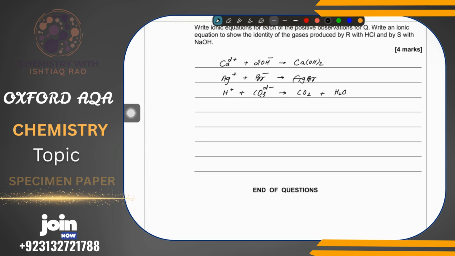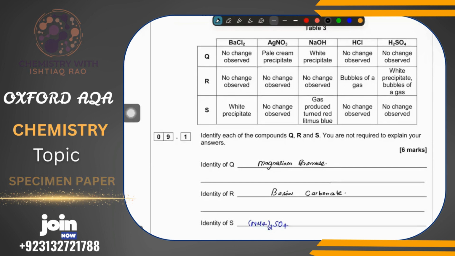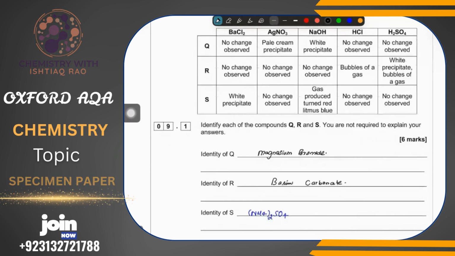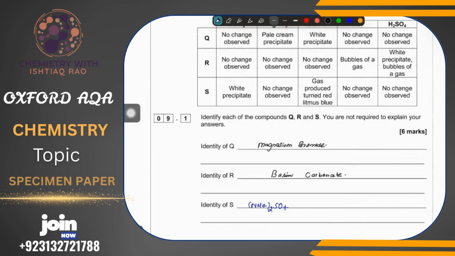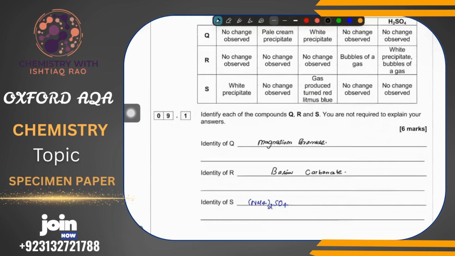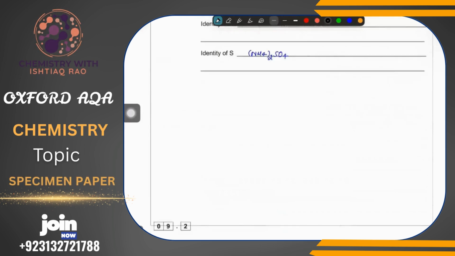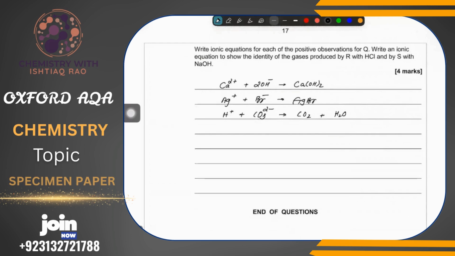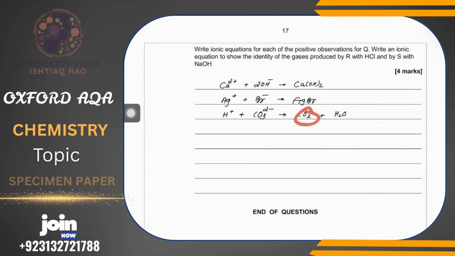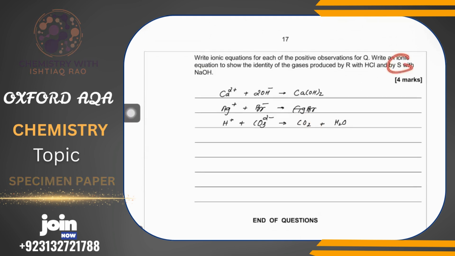Then what's going on in R? You can see white precipitate. Bubbles of a gas is formed. Gas is produced by R. So this is the gas. And then we have to check S. What's going on in S?